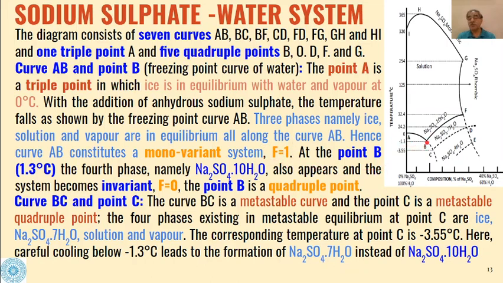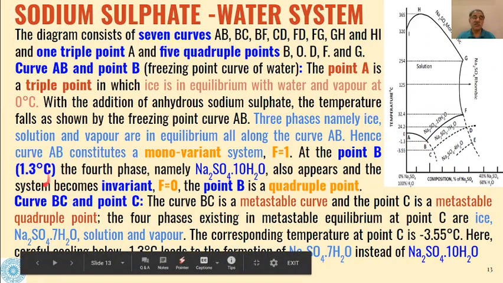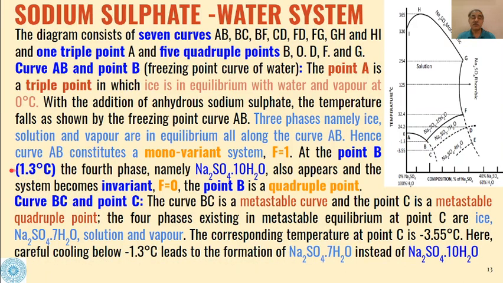Whereas at point B, that is minus 1.3 degree centigrade, at this point a fourth phase, that is sodium sulfate decahydrate, also appears.